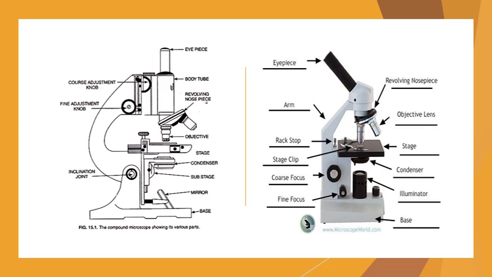Here we have an inclination joint. This is a mechanical part. Then we have a pillar. This one is a pillar.